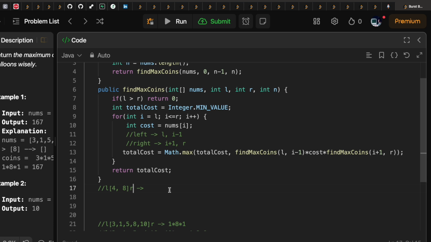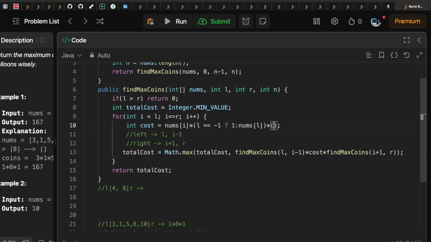So what we need to do is our current cost will be this cost plus, let's say if L equals minus 1, in that case it will be 1, otherwise it will be nums of left.